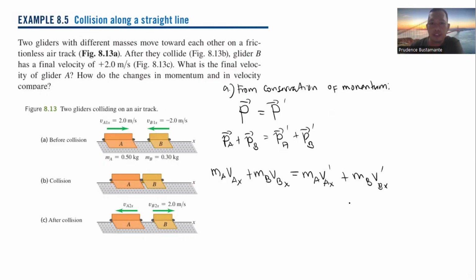Both have initial velocities. Our target variable here is the final velocity of A.